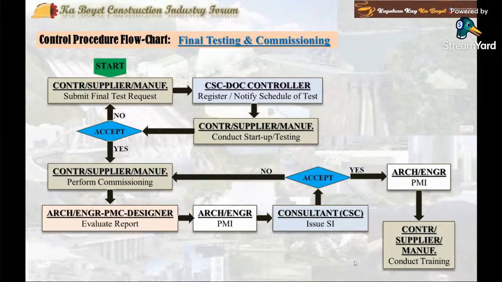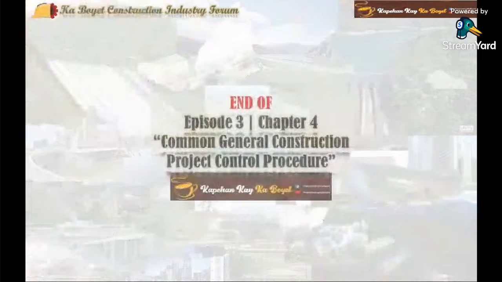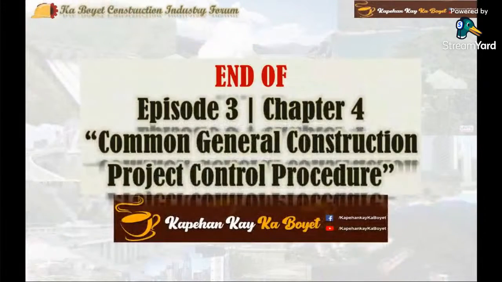And on this note, the process of final testing and commissioning ends, and the contractor can now proceed to the project handing over. And also, this concludes episode 3, chapter 4 of Common General Construction Project Control Process or Control Procedure.